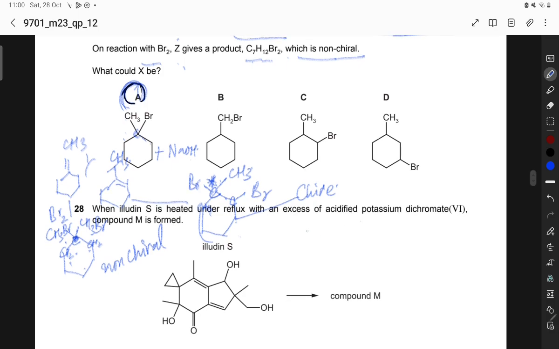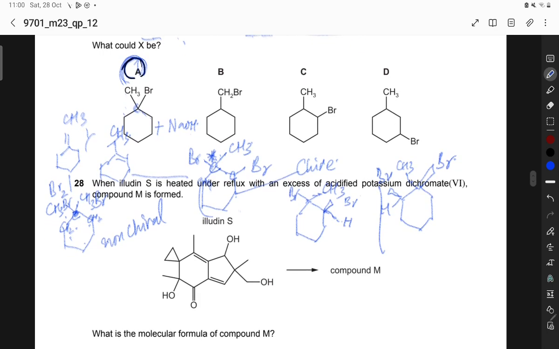One compound is this, with Br, CH3, Br and H. Another chiral compound has Br, H, CH3, Br, and the other chiral compound has Br, CH3, H and Br.